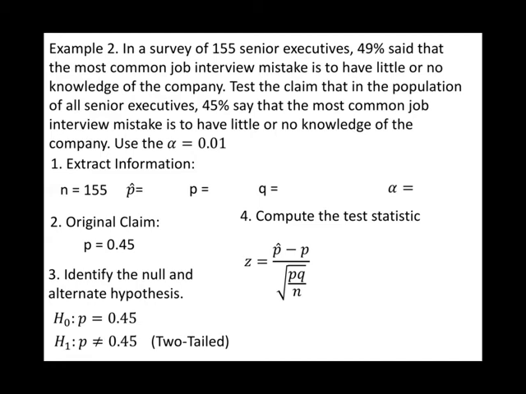Sample proportion, 49% say that the most common job interview mistake is to have little or no knowledge of the company. So this is going to be your sample proportion. And then the population proportion, you'll be using the claim statement here, right? So that'll be 0.45. Okay, q, that'll be the complement of p. So subtract from 1, you get 0.55. And then the significance level given is 0.01.